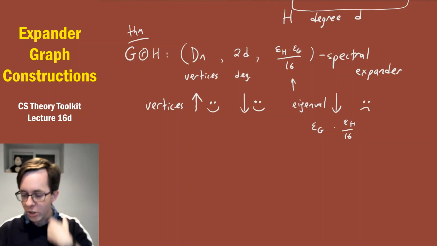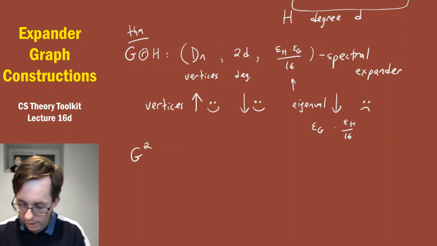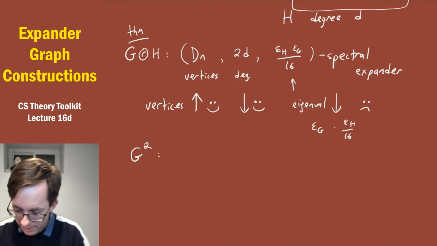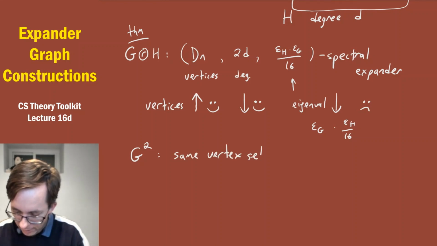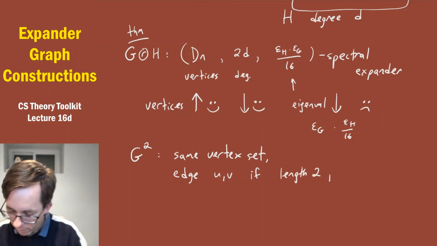One thing you can do, if you have a graph G, is square it. So the squaring of a graph has the same vertex set, and you put an edge between U and V if there's a length 2 path from U to V in G. Actually, this is not totally accurate.